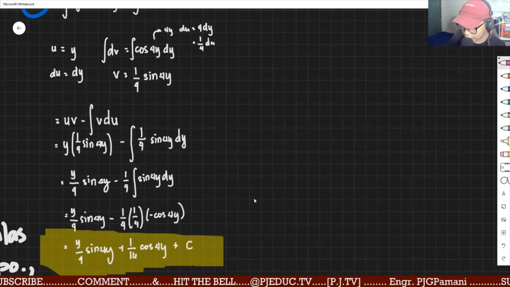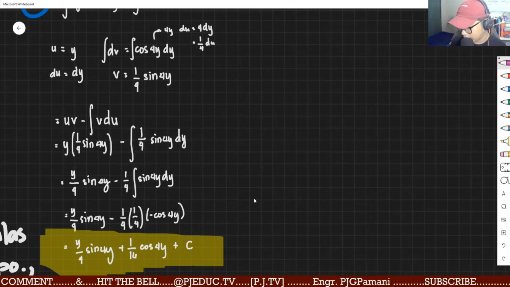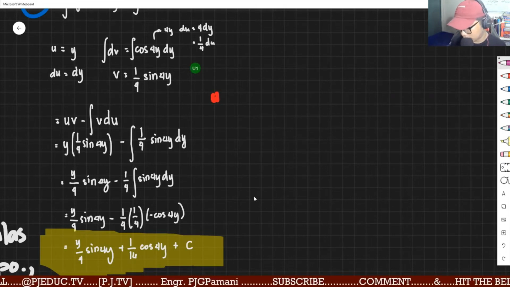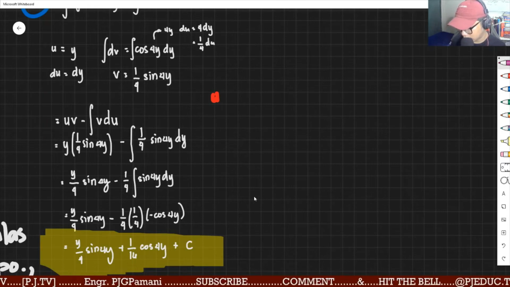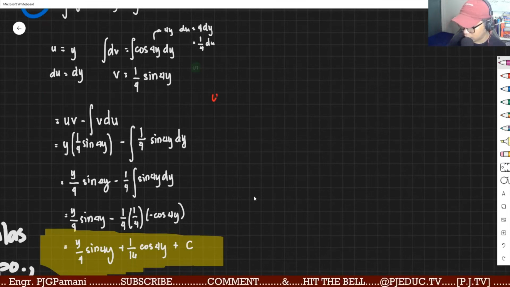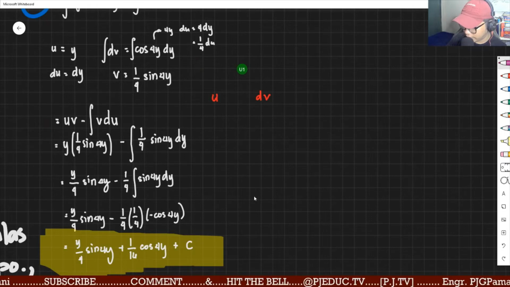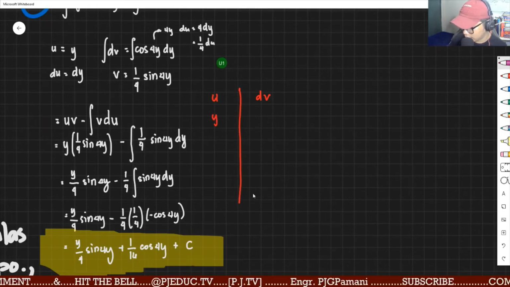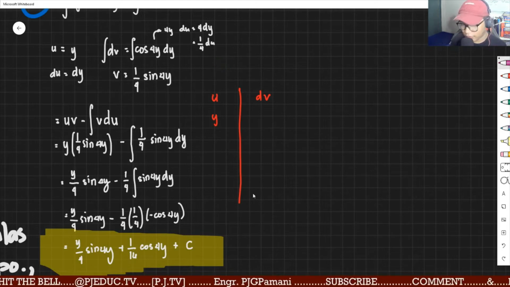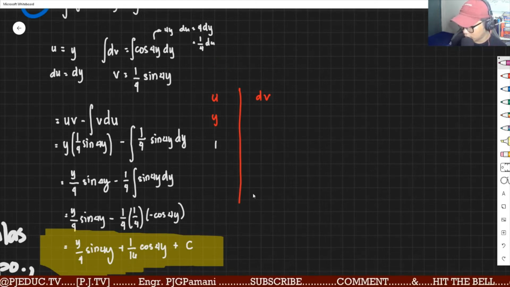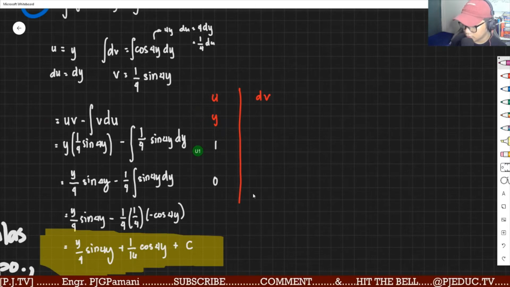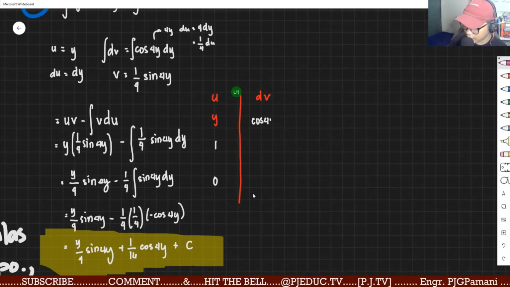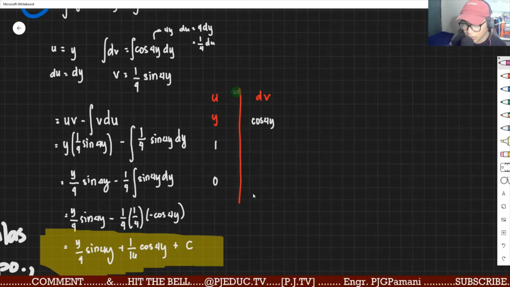How about if we try it using our tabulation method? You have your u and your dv. Remember, our u was identified to be y. First, the differential form of y is 1, plus is 0. Our dv was identified to be cosine 4y dy.